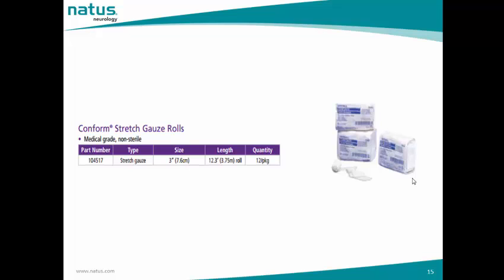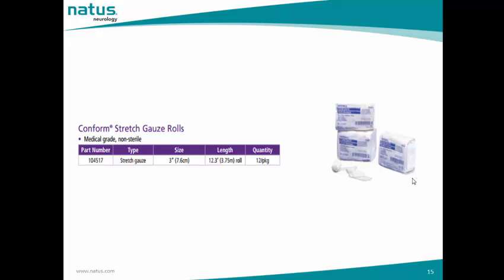Gauze rolls, and those can be used to get the skin dry after the preparation, and we can place one piece of gauze on the body of the electrode before applying the tape.